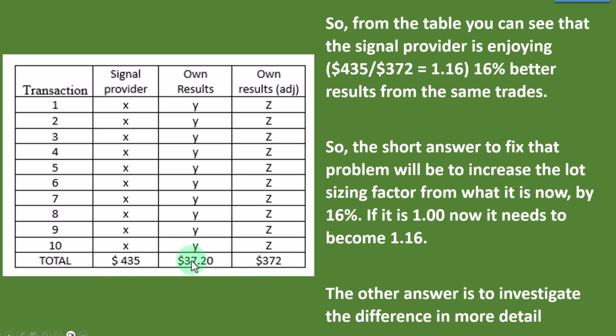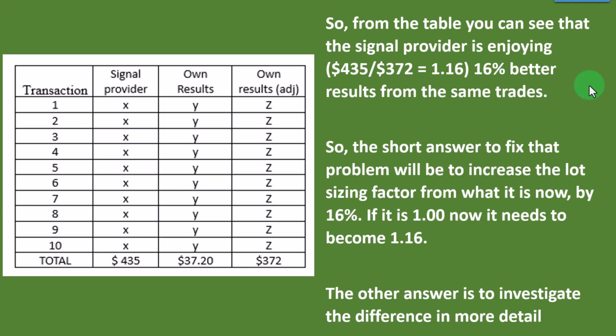Some traders, in fact, do better because of their spreads being smaller and many other factors. So it's not only negative slippage that happens, but also positive slippage, and that is also to your advantage. So from the table, you can see that the signal provider is enjoying a 16% better result than you are.